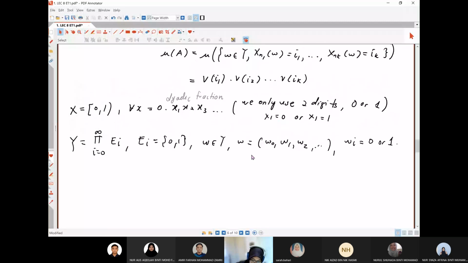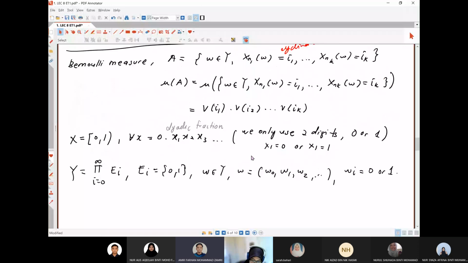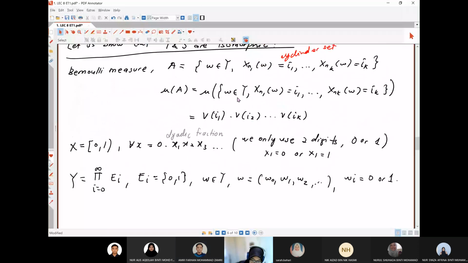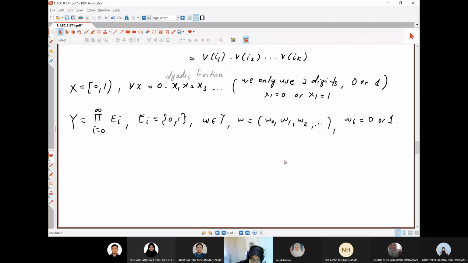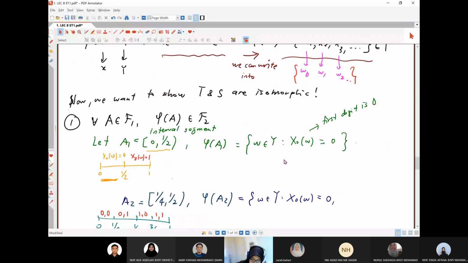Boleh tak? Okey, kita guna ni ha. Nanti kita guna yang ni nanti. So just ni nak specify first digit second digit berapa. Yang ni first digit second digit nanti. So for the case of interval 0 and half, you have only the first digit.